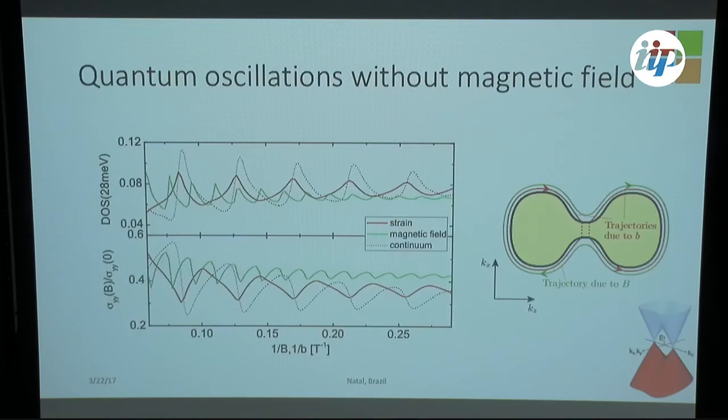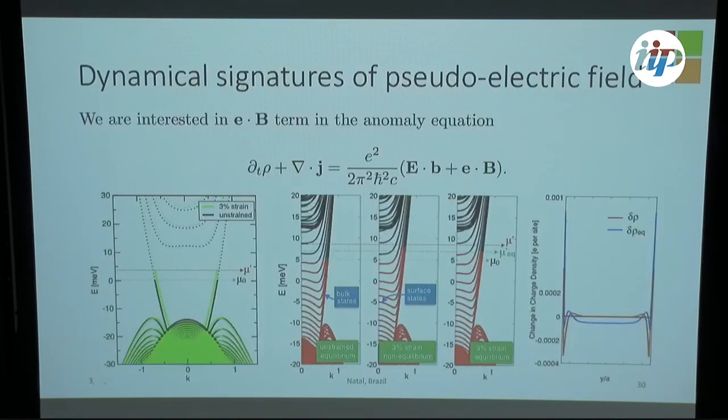Right. So finally, I can briefly mention the other terms in the anomaly. That is, for example, a pseudoelectric field times magnetic field. You create a pseudoelectric field, say, by a time-dependent push on the material.